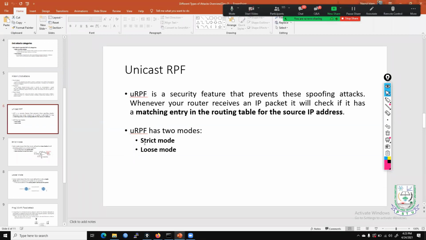If it finds the source address entry in the routing table, it passes the packet, right? If the IP packet has to be routed, it will check the routing table for the destination IP address, right?